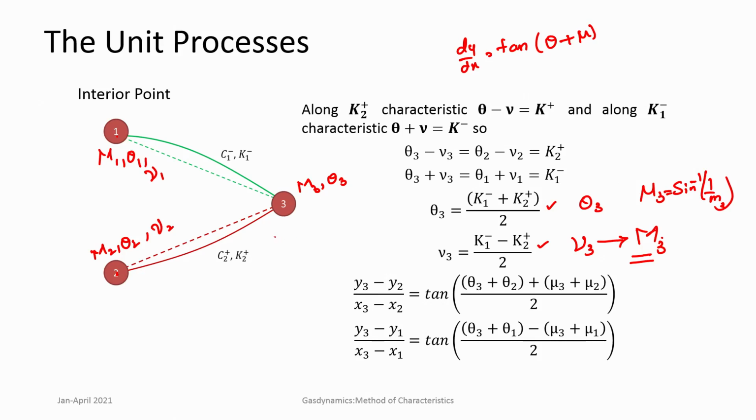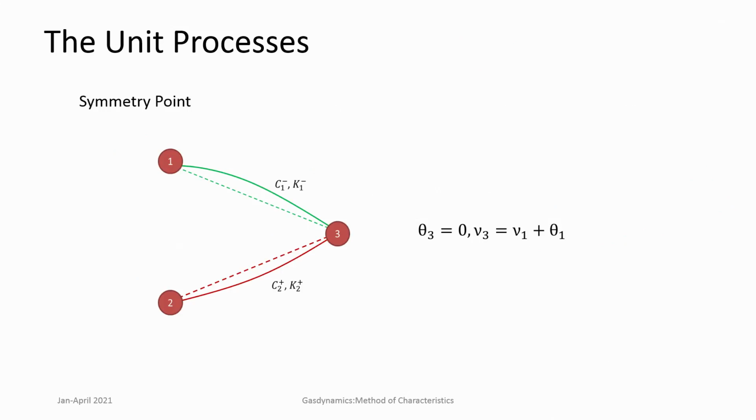So, through this process we get x3, y3, M3, theta 3, nu 3 and mu 3. Now again at 3 we can define K plus and K minus, and so this process can be taken forward.